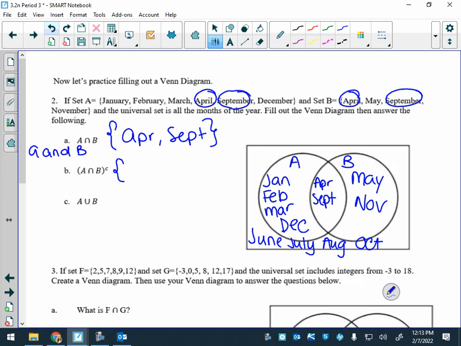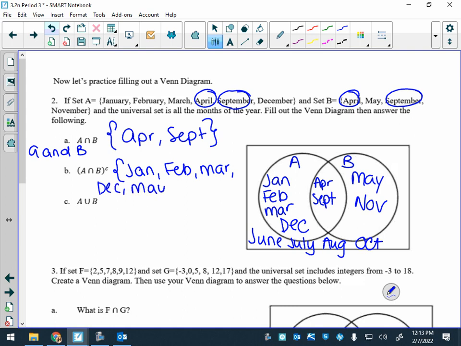Anything else? This means, remember, A and B, so that's the intersection. What is not in the intersection? Perfect. Good.